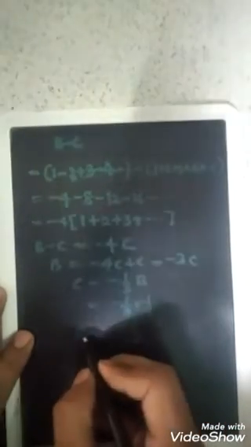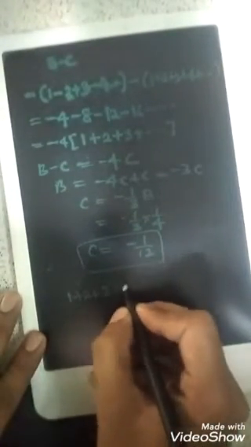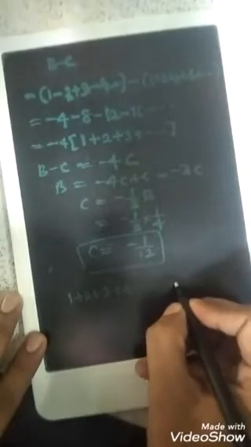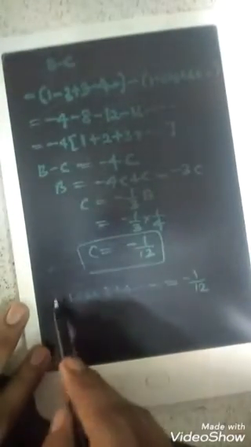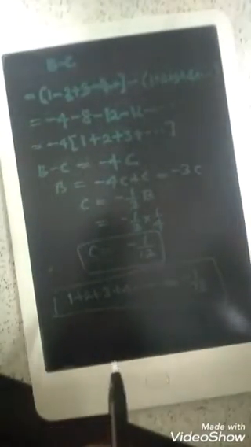C is nothing but 1 plus 2 plus 3 and so on, equal to minus 1 by 12. So we have proved this famous equation given by Ramanujan.